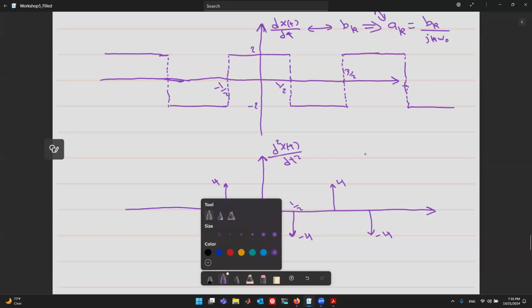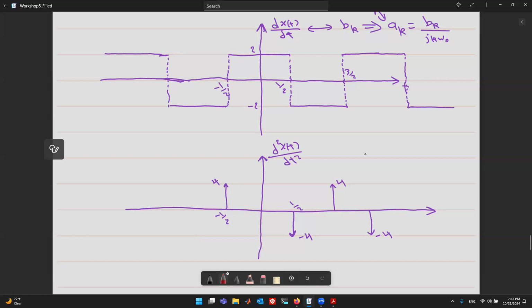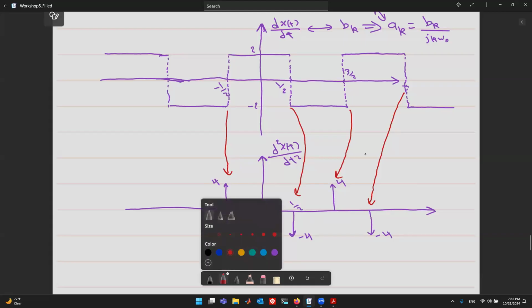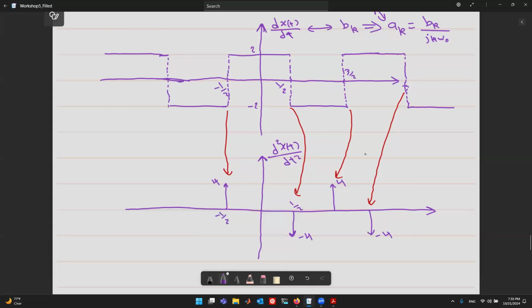So this one is positive. And for this one, we're moving from 2 to minus 2, so it's a negative scale, an impulse scaled by minus 4. This is at minus 3/2.